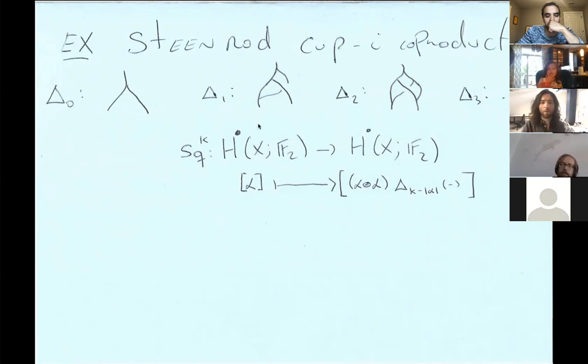Now, the construction of this Sq^k doesn't really care about the particular choice that Steenrod made. Any other choice of corrections for the lack of co-commutativity will do just fine as long as it's in the same homotopy class.